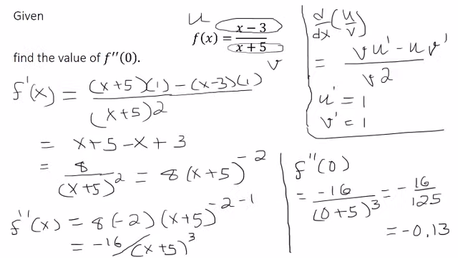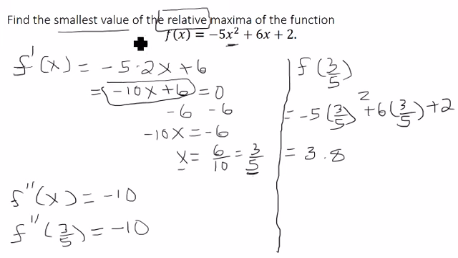In this one that I just did, we're finding the smallest value of the function. We're not finding the value of x, but we're finding the value of y, meaning the value of the function itself. So depending on the wording, you have to be very careful on these types of questions.